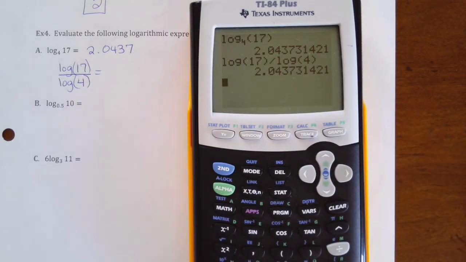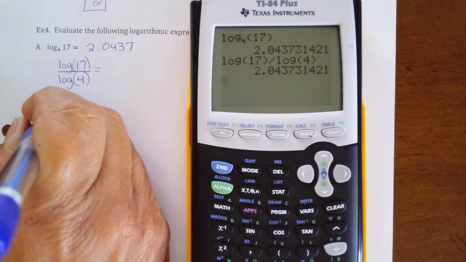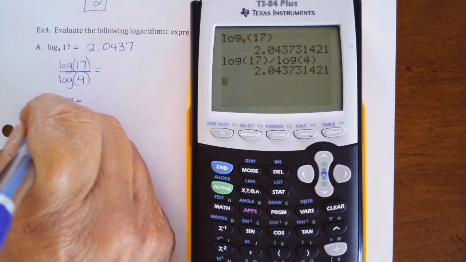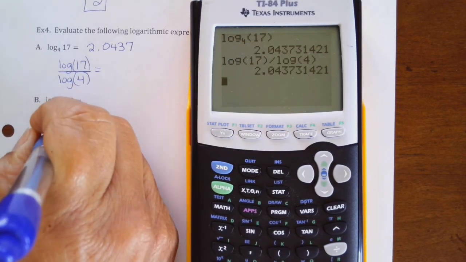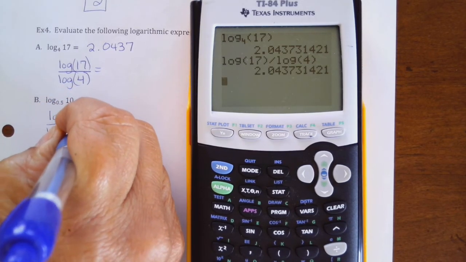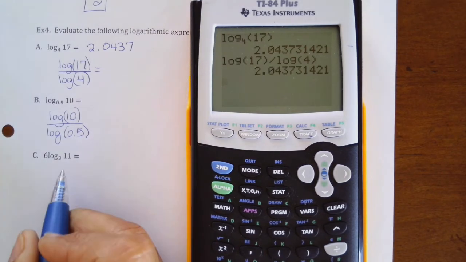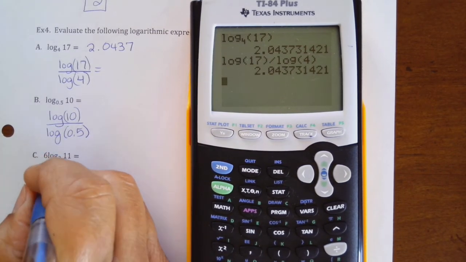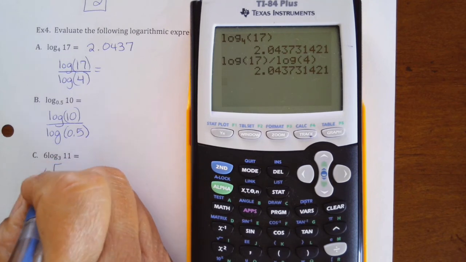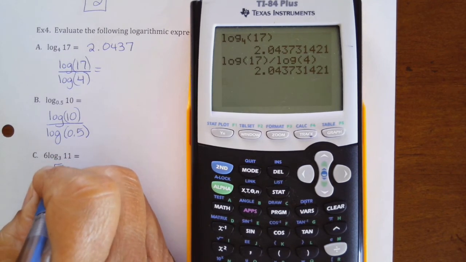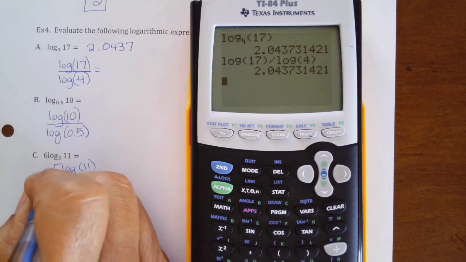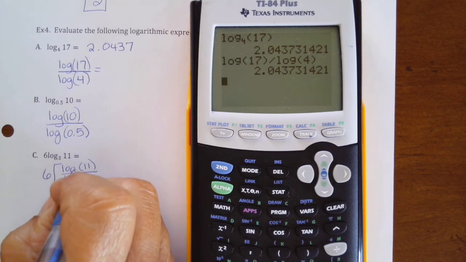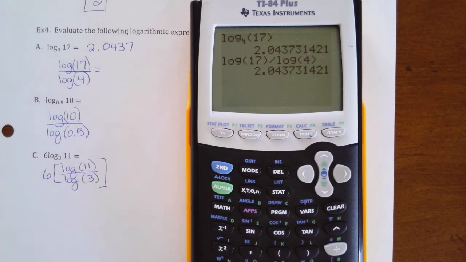All right, so if you're going to do the change of base formula for B, log of 10 divided by the log of 0.05. And if you are going to do number 6, I can do the 6, so 6 times, okay. And then you would do the log of 11 over the log of 3. If you have the new calculator, you just put it in just like it is.